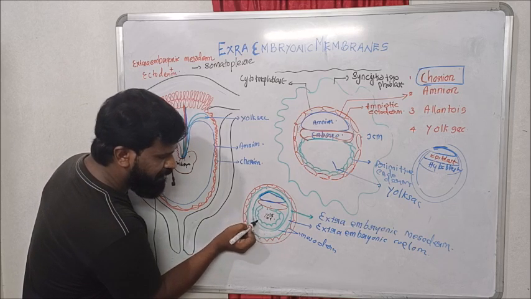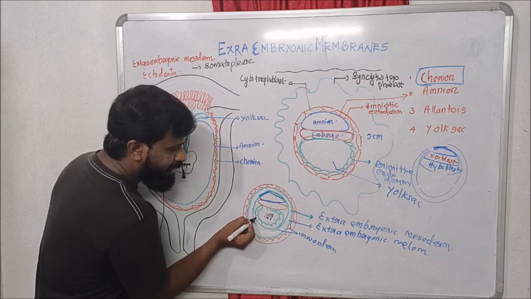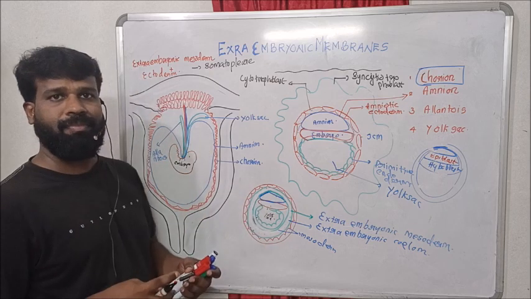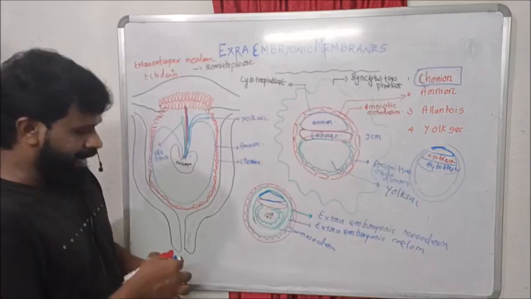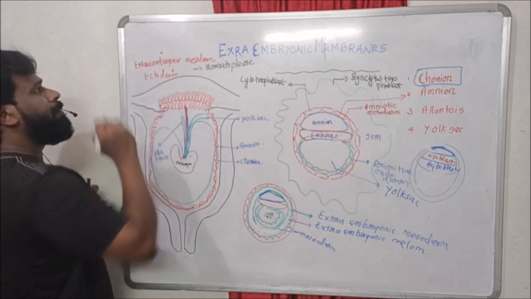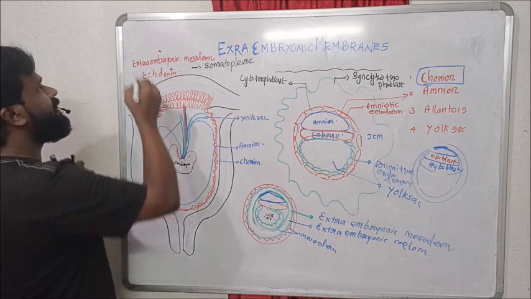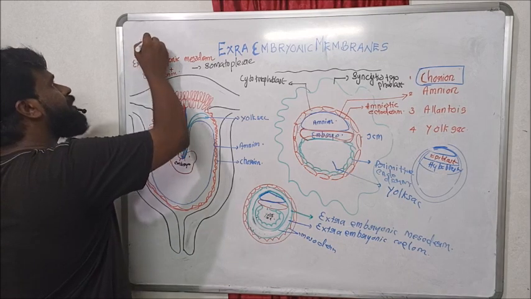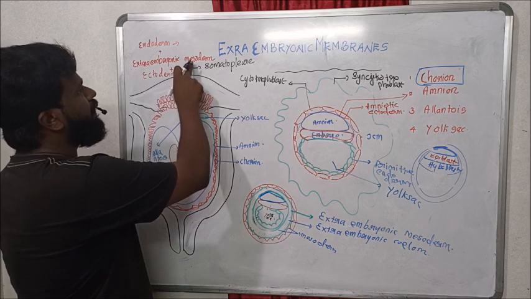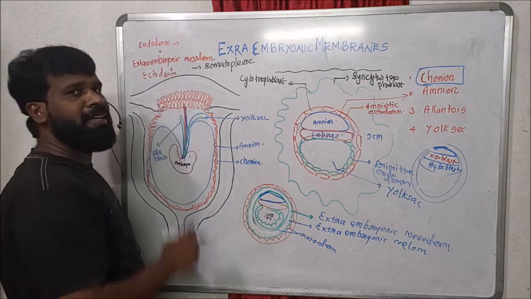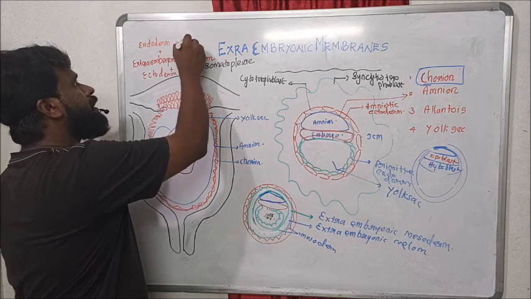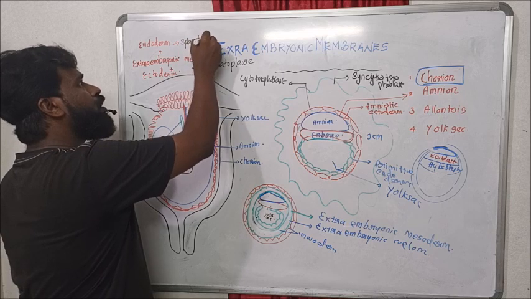The membrane of this yolk sac is formed of this endoderm along with this extraembryonic mesoderm. Extraembryonic mesoderm along with endoderm is called splanchnopleure.